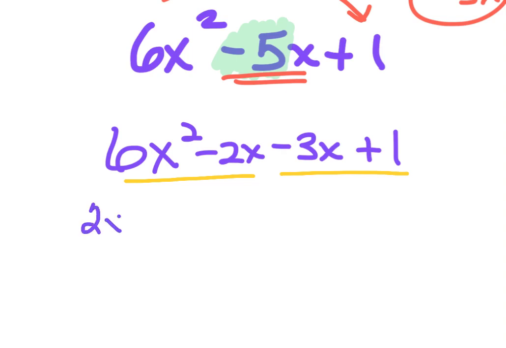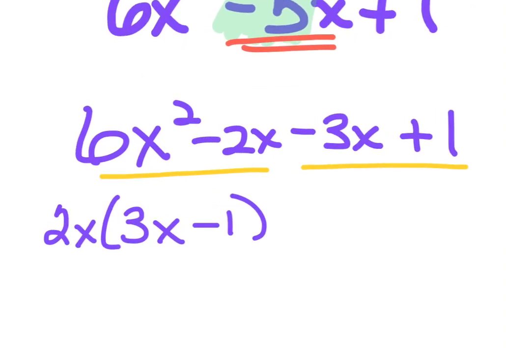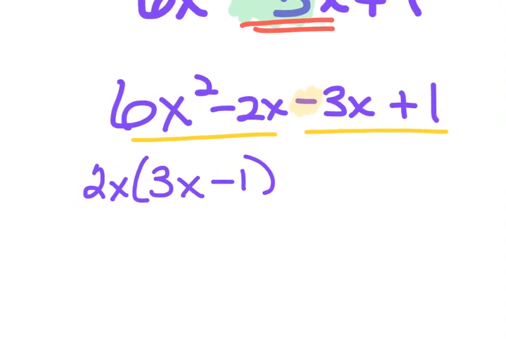So a 2x comes out of the first two terms, and that leaves me with 3x minus 1. And all I can take out of negative 3x plus 1 is 1, but remember that you also want to keep the same sign that you have in the middle there. And so this is going to be minus 1, and that gives you 3x minus 1 again.